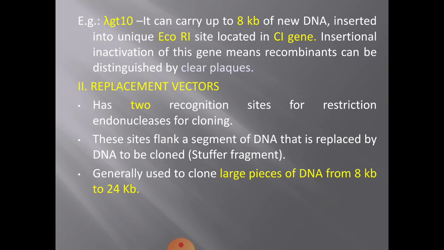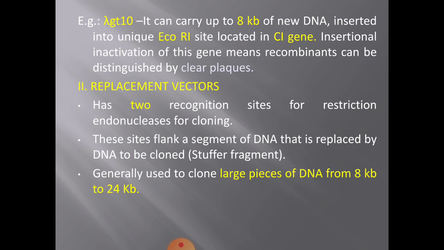This can carry up to 8 kb of new DNA, which is inserted into the unique EcoR1 site, and this site is located in the cI gene at position 857. So insertional inactivation of this gene means recombinant molecules can be distinguished by clear plaques.